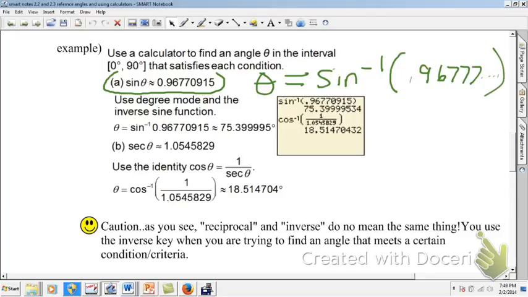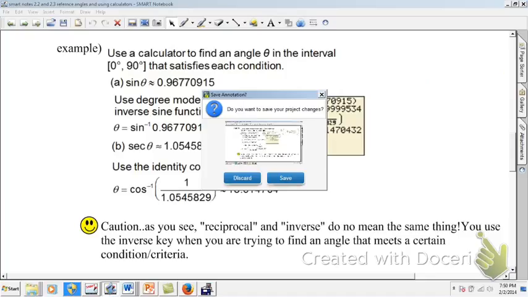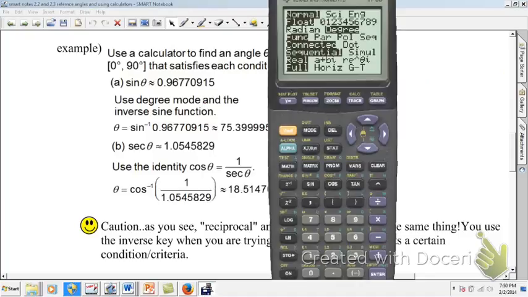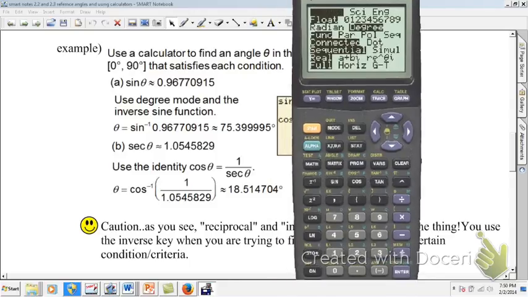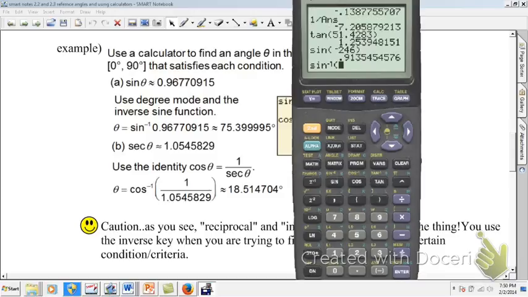Okay? And you can see, that's what we do right here, but let's practice with that button. So to find a particular angle, you'll be using the inverse key. I'm going to hit, let me go back to the blank screen. So you see inverse sine is in yellow above sine, so I'm going to hit second. See the little -1? That doesn't mean the reciprocal of sine. Big note to self.